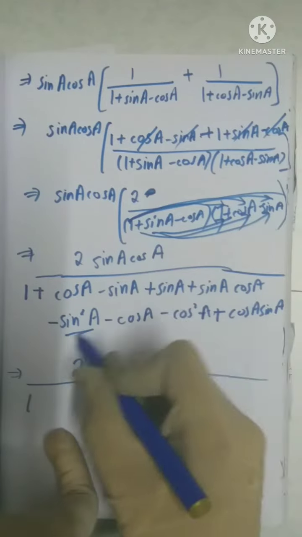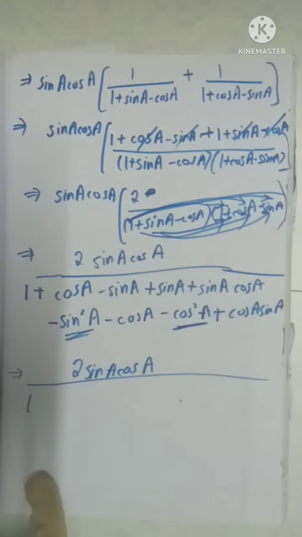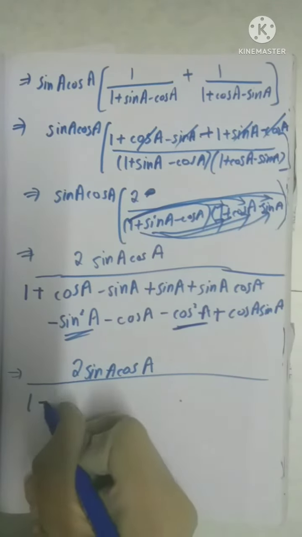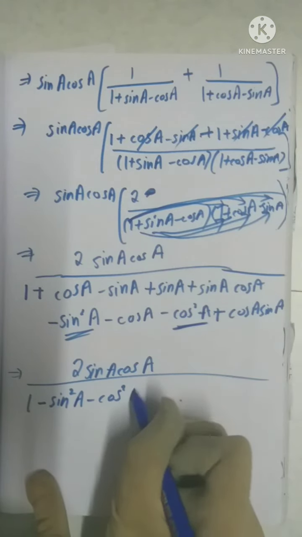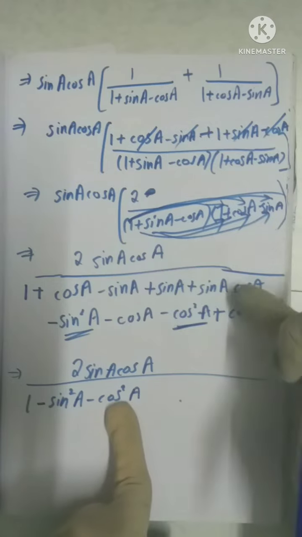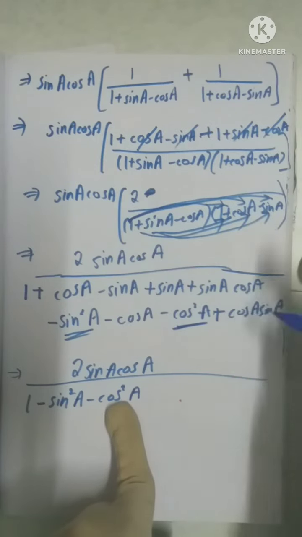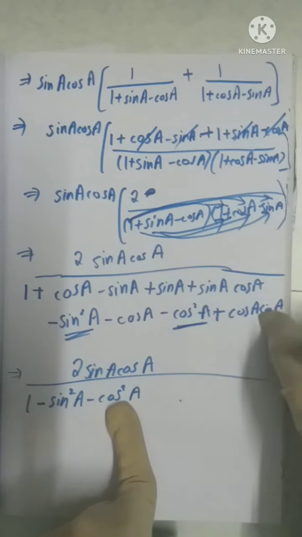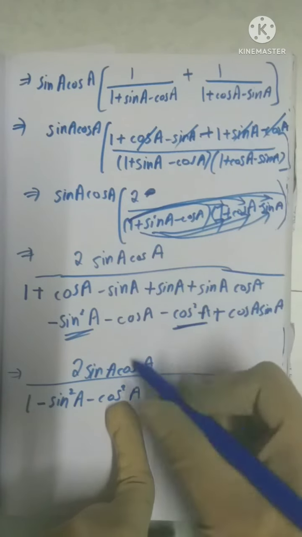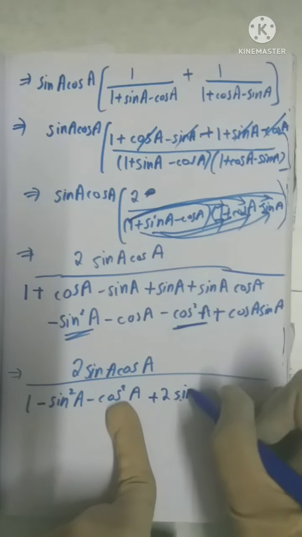Now here I have minus sin square A, here I have minus cos square A. I'll write this together: minus sin square A minus cos square A. Here I have plus sin A cos A, and here also plus cos A sin A, which is nothing but sin A cos A only. So sin A cos A plus sin A cos A is 2 sin A cos A.